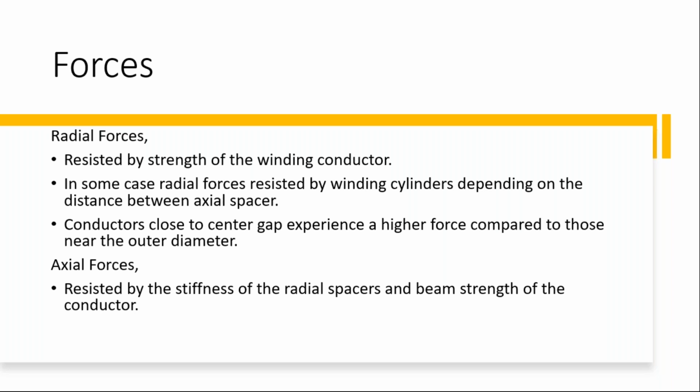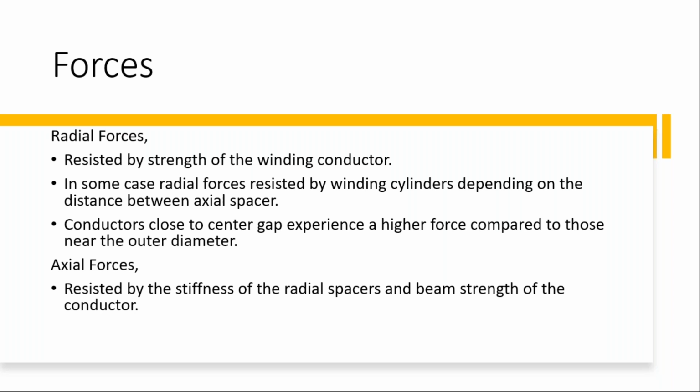Say, for example, radial force is resisted by the winding conductor for the outer winding, and the force is normally circumferential, which is a hoop stress or hoop force. For inner winding, it is a little more complex, and it depends on the construction.